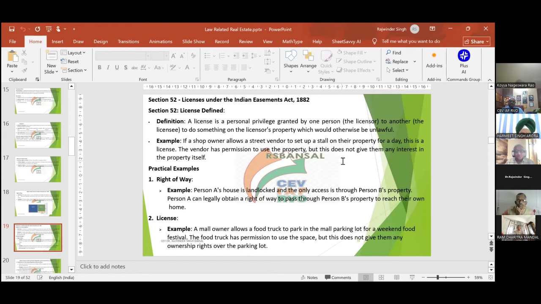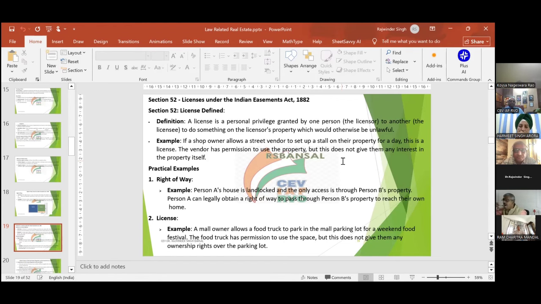For example, a shop owner allows a street vendor to set up a stall on their property for a day. This is a license. The vendor has permission to use the property, but this does not give them any interest in the property itself.